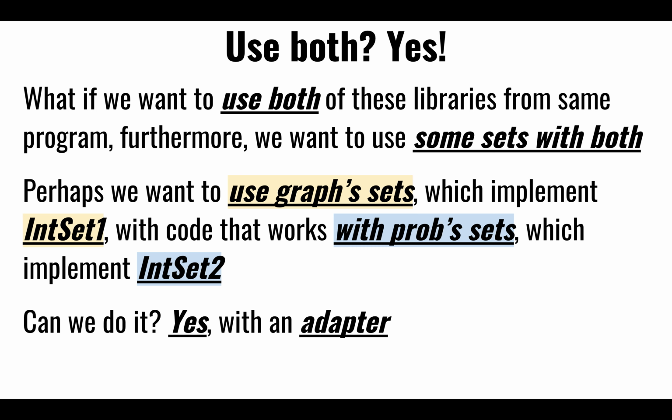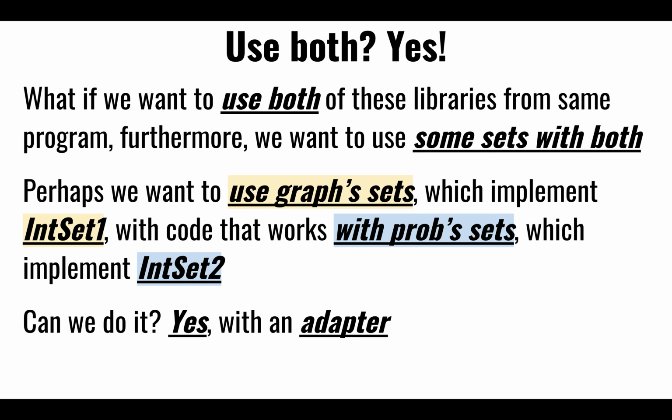But it would be very convenient, in some other part of the code that gives me an int set2, if perhaps I could pass one of one type to the other of the other type, right? But I can't because they're not compatible, right? So the adapter pattern to the rescue, right? We'll see how perhaps what we could do is implement a class that does a translation between one and the other, right? And have this implement the interface that it's expecting, right?